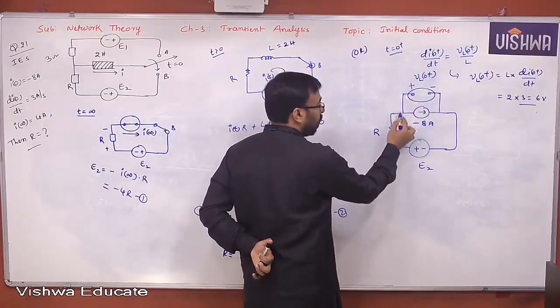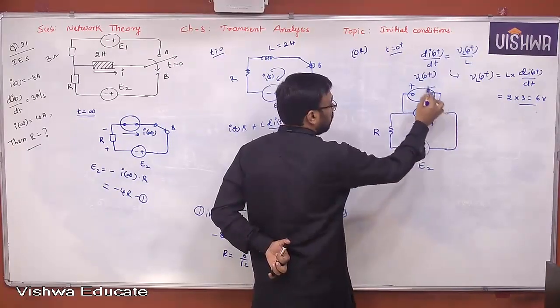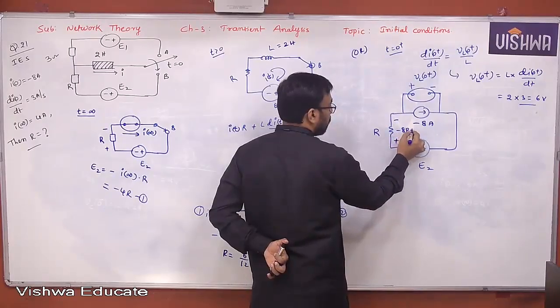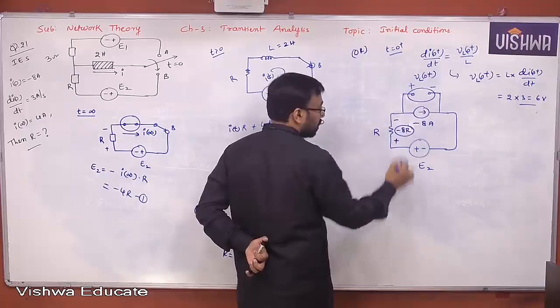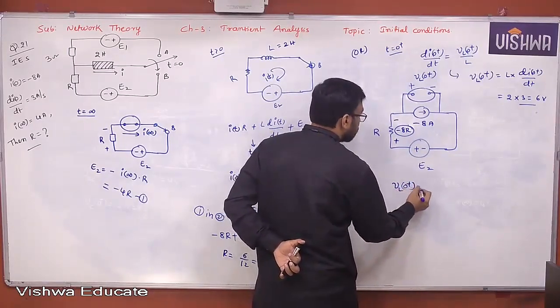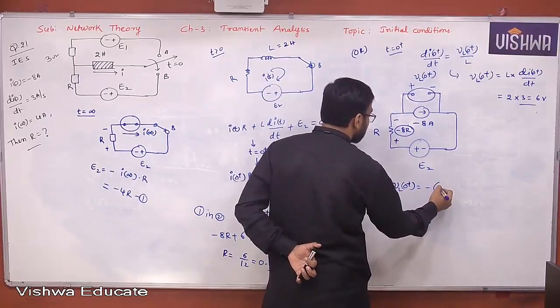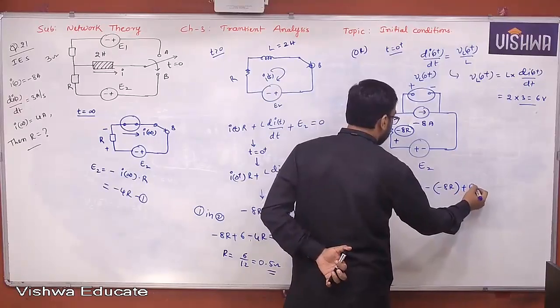Now let's find that voltage. What is the voltage across this? Plus minus minus 8R, because the current direction is like this. Therefore, VL of 0 plus is minus of minus 8R plus E2.